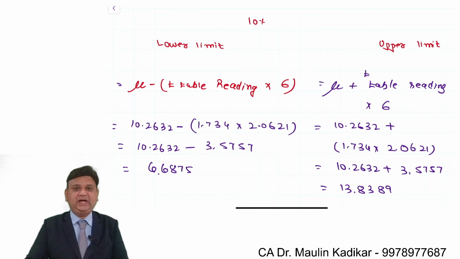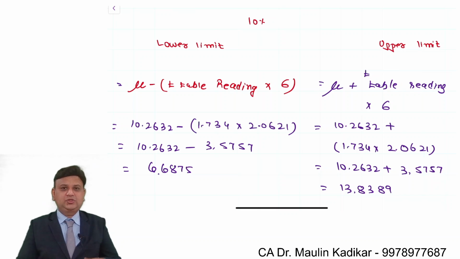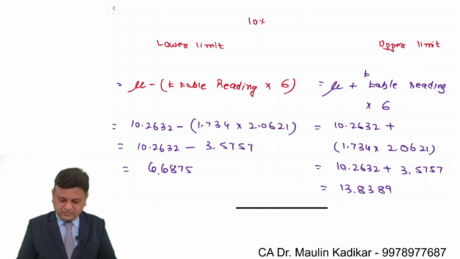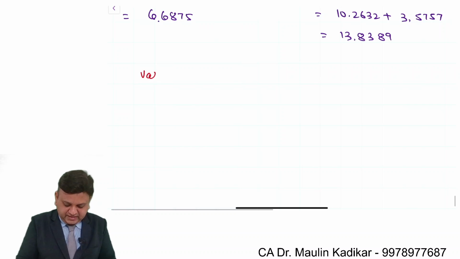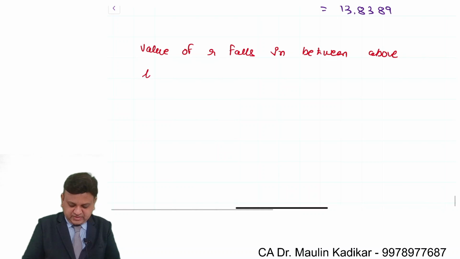Again the value of the R, that is 8, is falling between both of them. So the market is in weak form of market efficiency. Let us write the answer. Value of R falls in between the two limits.